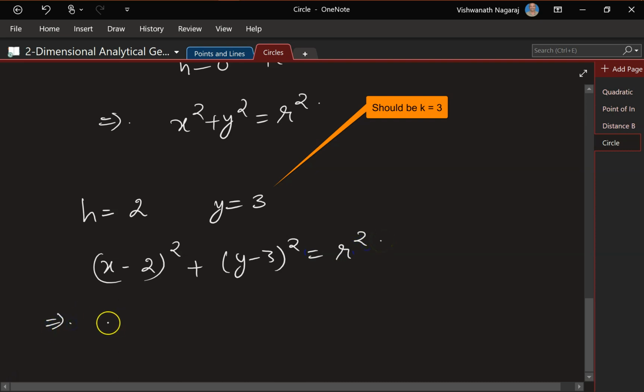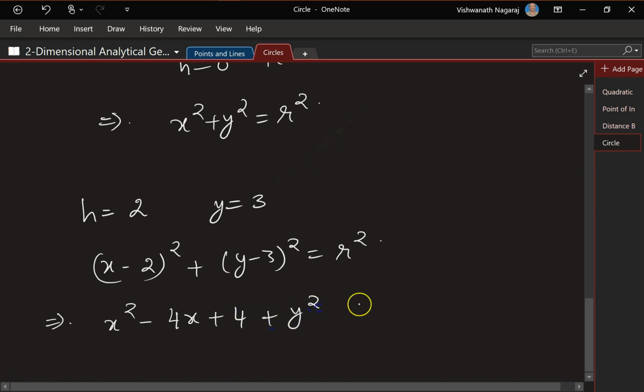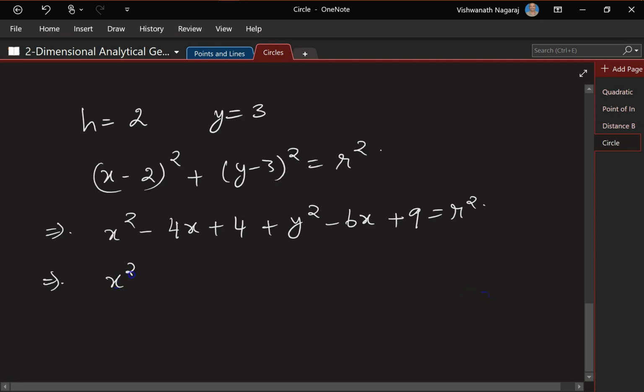Let's expand this. x square minus 4x plus 4 plus y square minus 6y plus 9 equal to R square. So x square plus y square, now minus 4x, no, this is y, minus 6y.